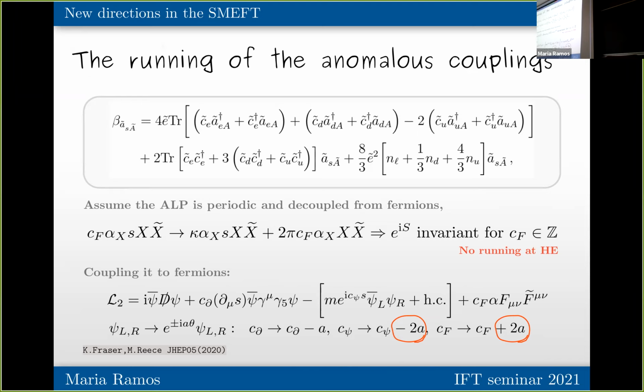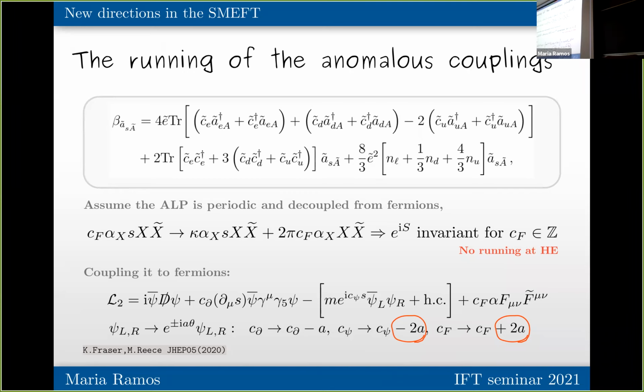So one thing that is useful, I think, is to consider first the limit when the ALP is decoupled from the fermions, because that is a limit that you should be able to see in the high energy effective field theory. And if you do that and you consider the coupling to the gauge bosons, and you assume that you are in the limit of a pure axion, a periodic field, and you have this decoupling, then if you require that indeed your symmetry, that the ALP shifts by 2 pi, is respected, you need to require that this C_F coupling is quantized.